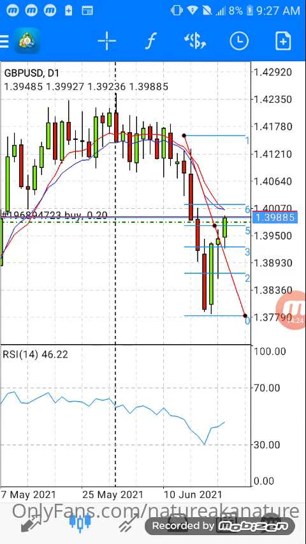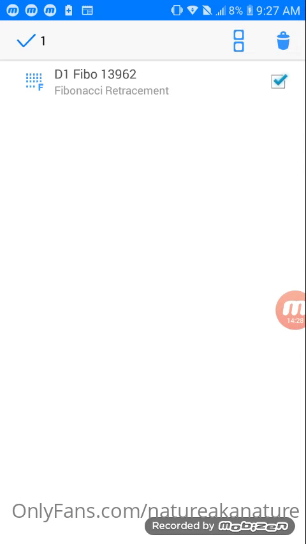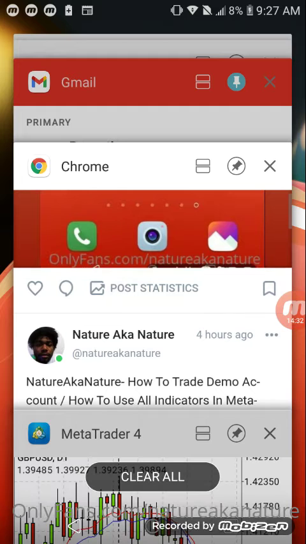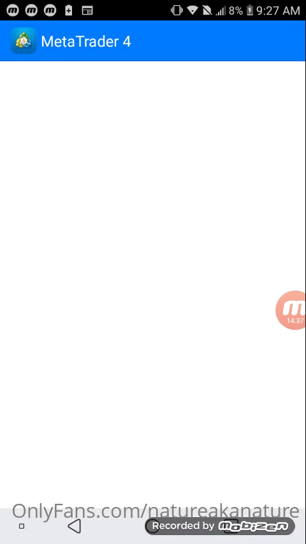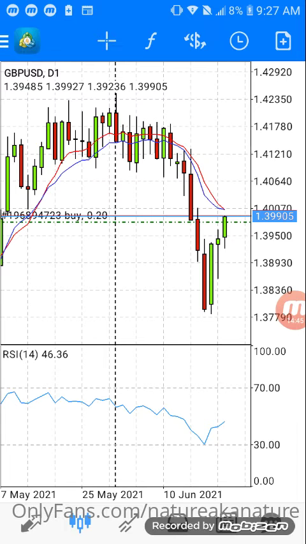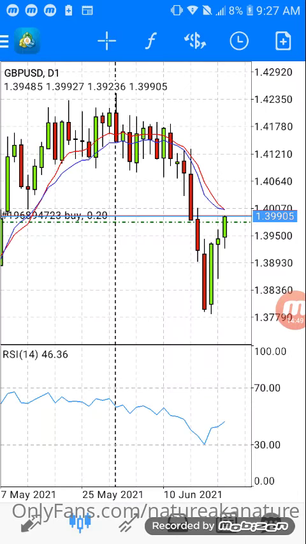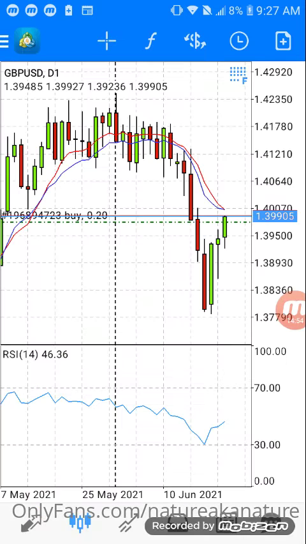Actually, let me just log out real fast. Let me just back up out of this, and we can just do it one more time. Close this. Trader 4. GBPUSD. Make sure you find your pair that you like to trade. Draw the Fibonacci one more time for you. Fibonacci retracement.